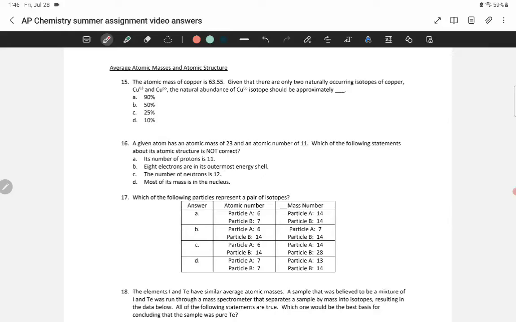We have 2 isotopes. So I'll show you how to do the math, but you might be able to arrive at this answer without doing the math. So 1 isotope weighs 63 AMUs, it's called atomic mass units.